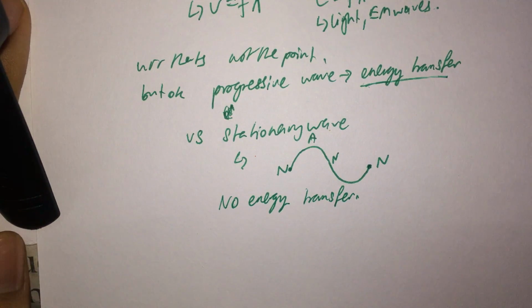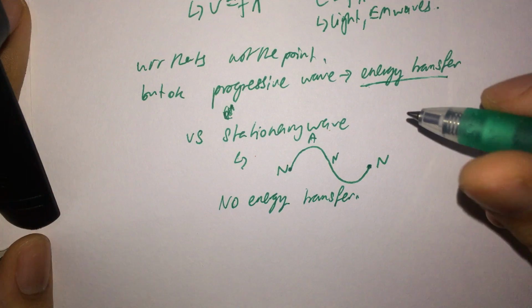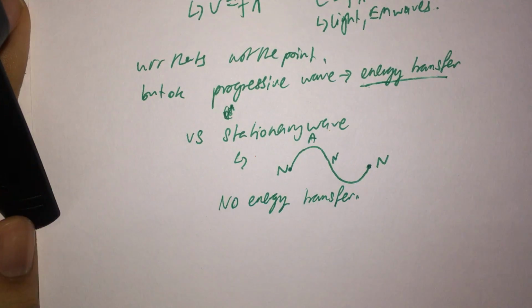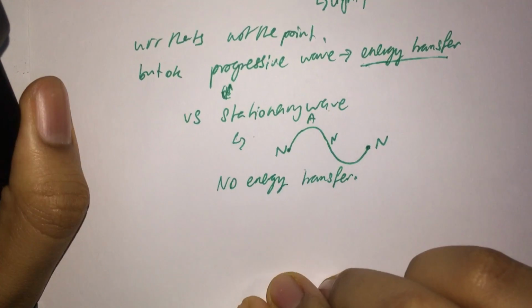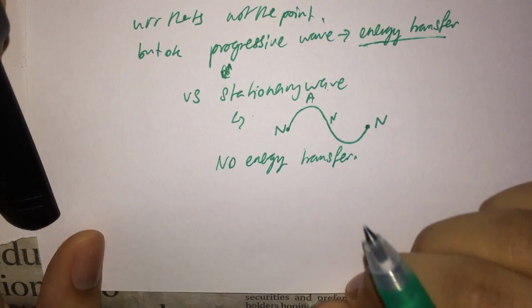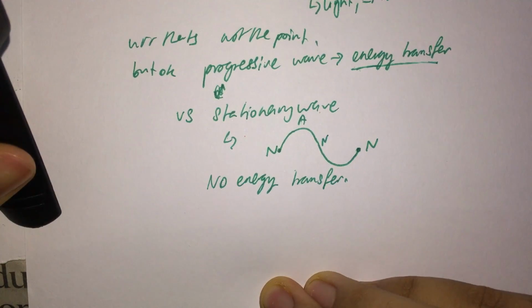Okay, so point E, the relationship between intensity and amplitude. If you think about it, if your light is brighter, that means it has a higher amplitude.